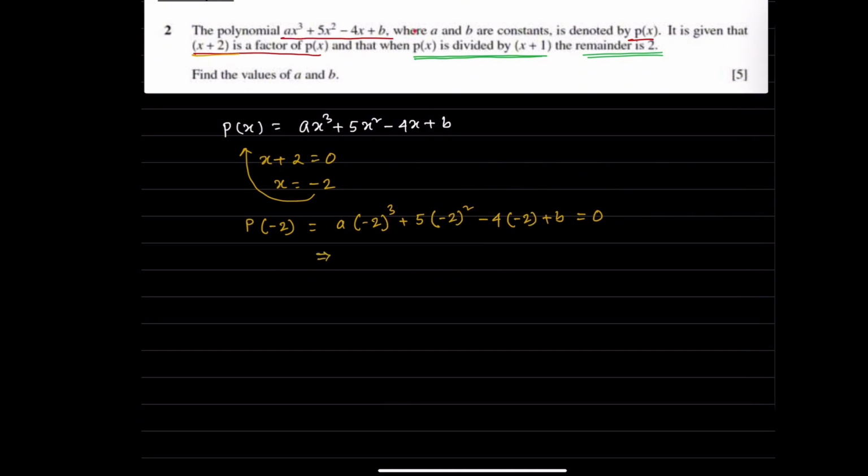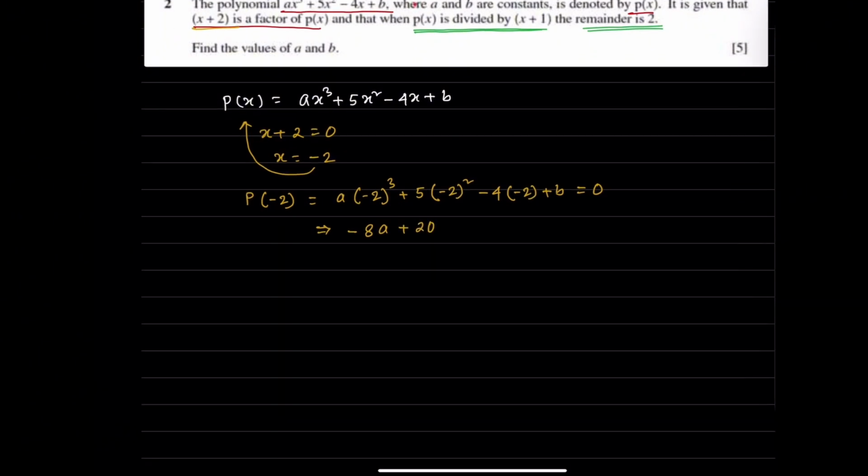So from here we get an equation: minus 2 cubed will be minus 8a, minus 2 squared will be 4, so 4 times 5 is plus 20. Then plus 8 plus b equals 0, or we can write minus 8a plus b equals minus 28. So this can be our equation number 1.